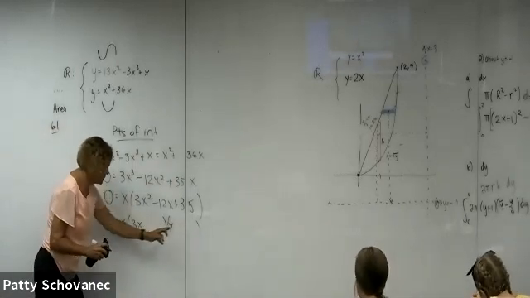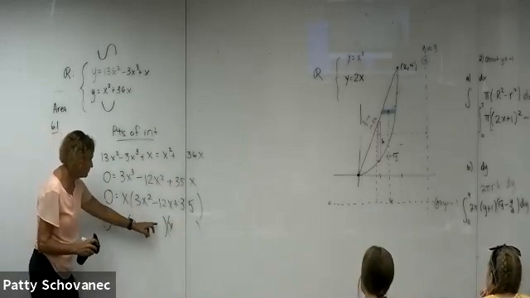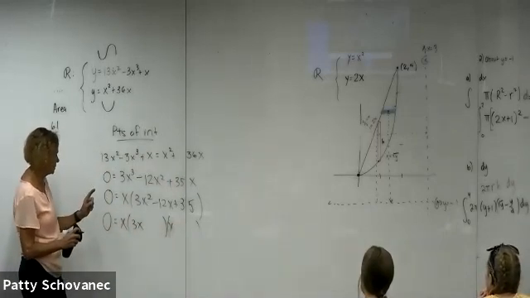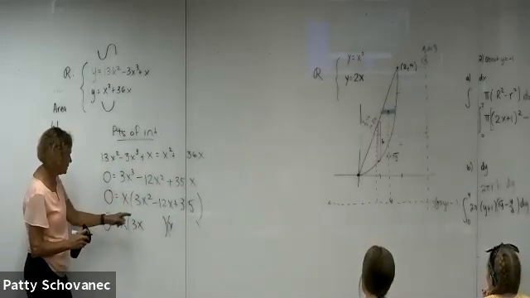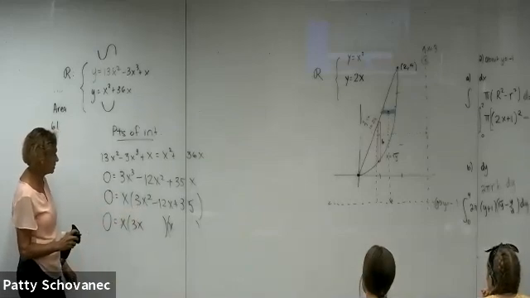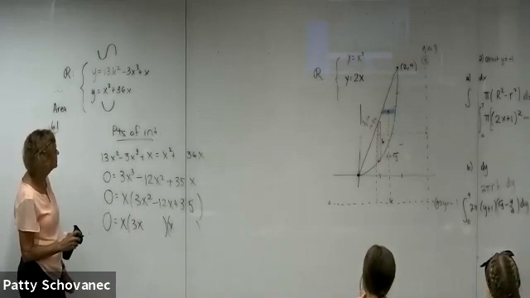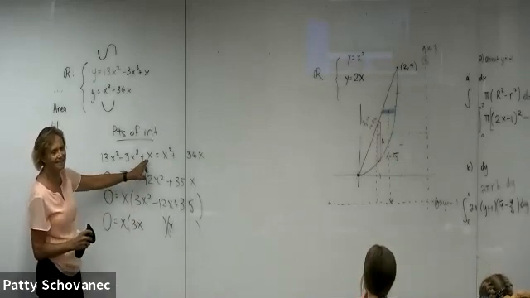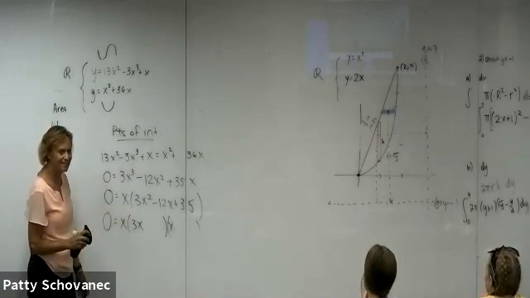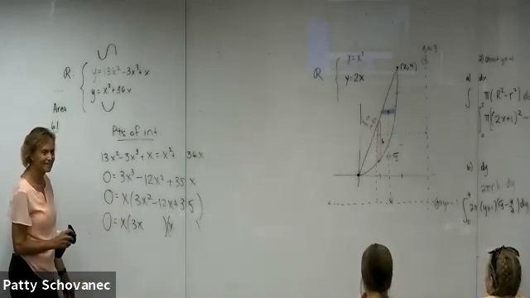I put the 7 here, that's 21, 5 there's 5, that's not going to work. 5 there's 15, 7, no, 7 and 5 is not going to work. Quadratic formula time. Ew. I'm pretty sure it's on there.